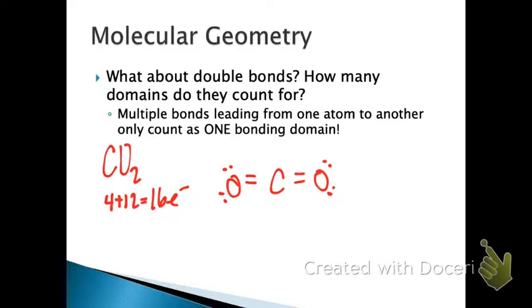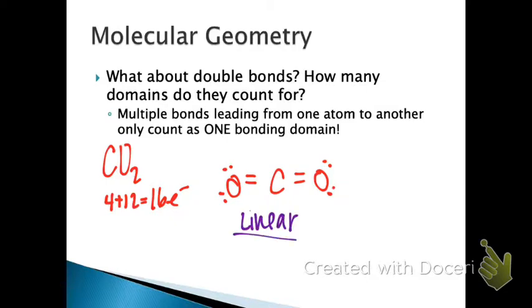Do you guys agree with my Lewis structure? Is it the same as what you had? How many total domains do I have for carbon? 2. I have 2 total domains. Do I have any lone pairs? No. Nope. So it means the shape, or my molecular geometry, has to be linear.